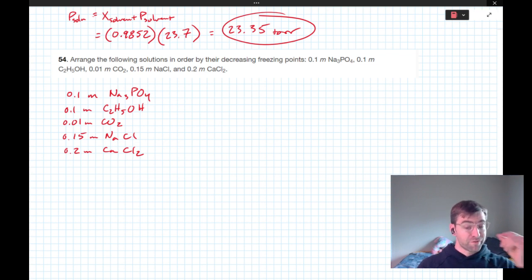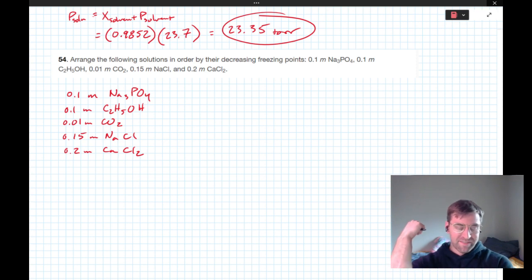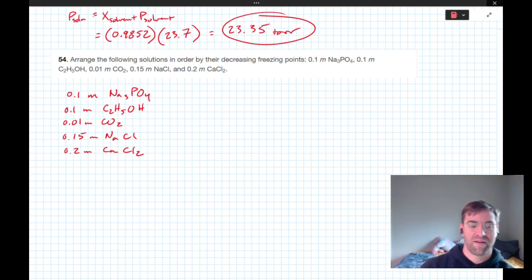Since we don't know the freezing points off the top of our heads of each of these, we have to kind of infer them by the impact that they would have in aqueous solution, right? So that's the part that I wish was included in this prompt, is that we're putting all of these in aqueous solution, and how does that impact the freezing point of the total solution?